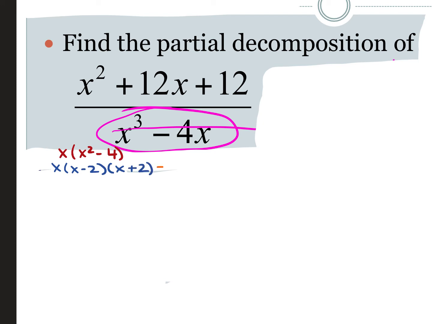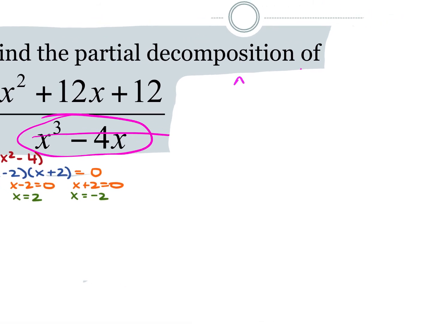From here, set them all equal to 0. So x is equal to 0, x minus 2 is equal to 0, and x plus 2 is equal to 0. You're going to have that x is equal to 0, x is equal to positive 2, and x is equal to negative 2. We're going to be using a over x plus b over x minus 2 plus c over x plus 2.